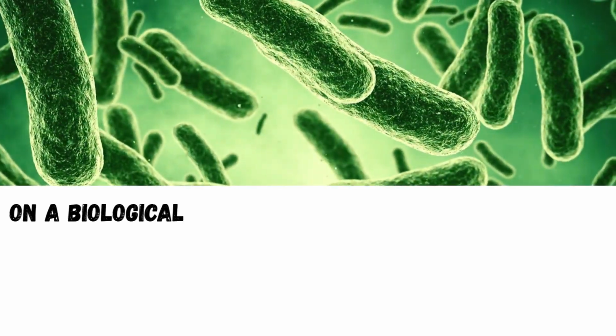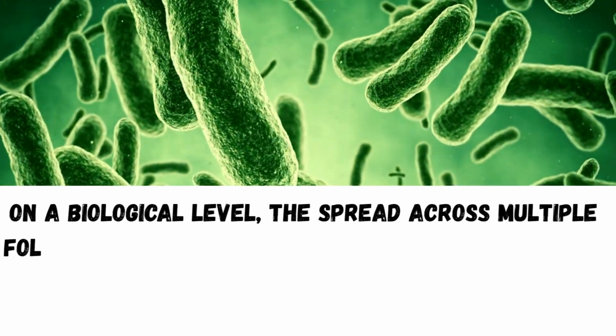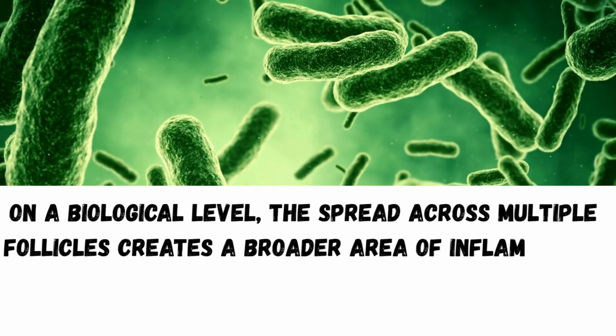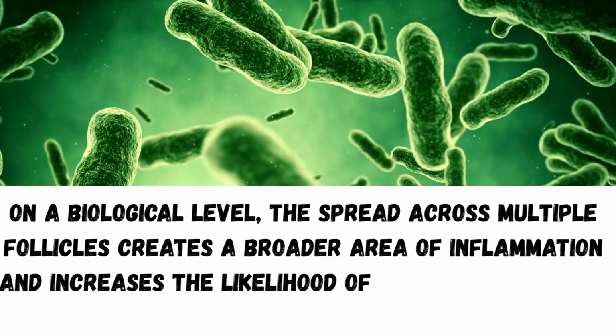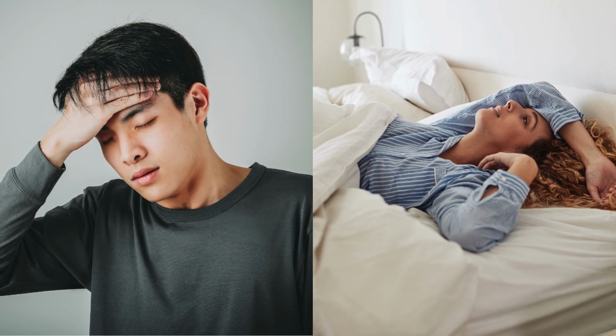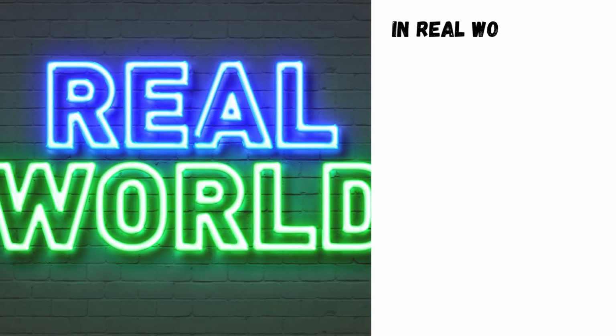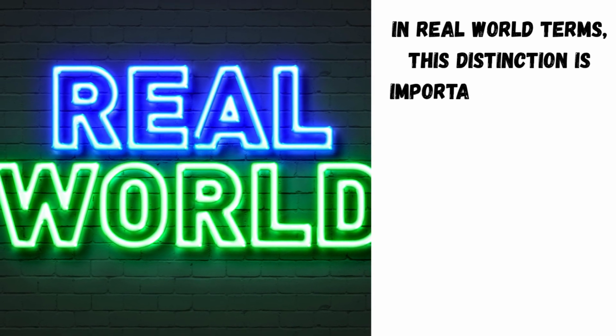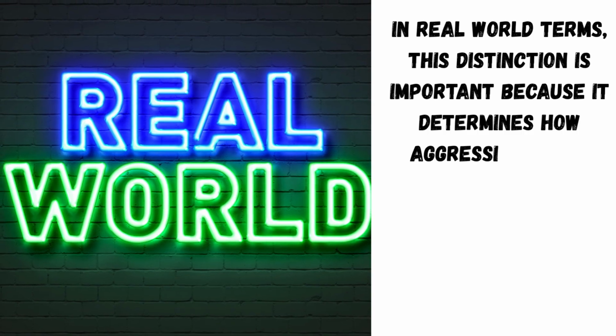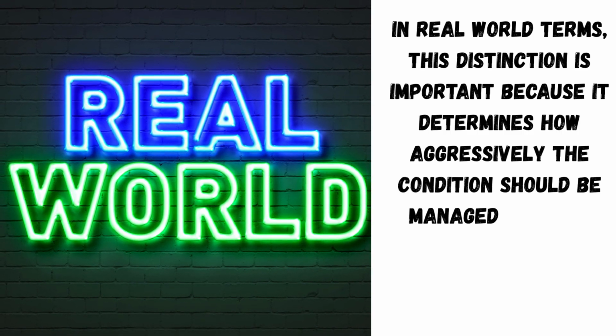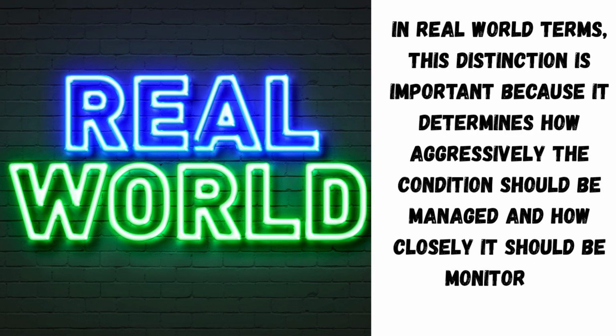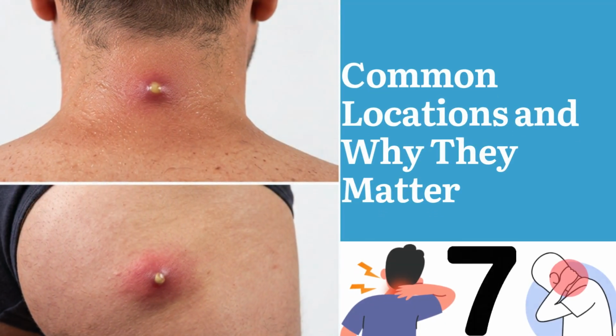On a biological level, the spread across multiple follicles creates a broader area of inflammation and increases the likelihood of systemic symptoms such as fever or fatigue in more severe cases. In real-world terms, this distinction is important because it determines how aggressively the condition should be managed and how closely it should be monitored.